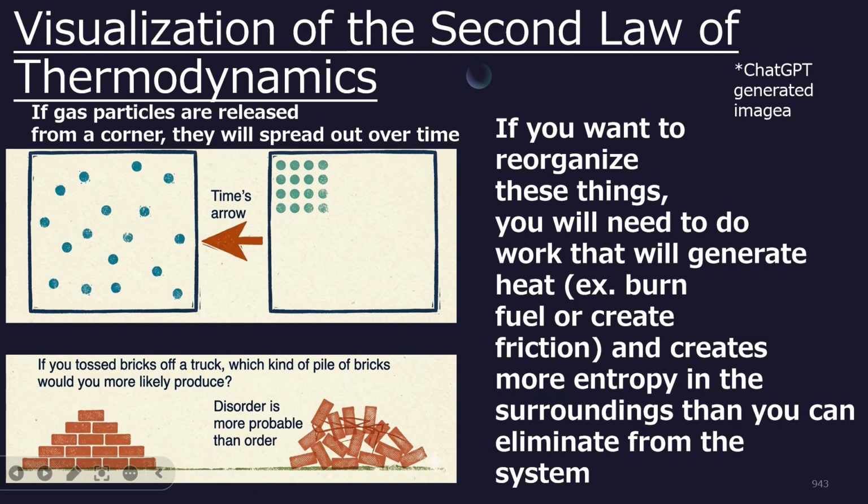But I do have some diagrams actually to show this. So imagine we have a bunch of gas particles grouped up in the corner of a small container. If we just let it go, they will spread out over time. That's the natural thing, right? That's the spontaneous increase of entropy. And this also lets us know the arrow of time. This is how a lot of theoretical physicists and just very smart people in general define time.